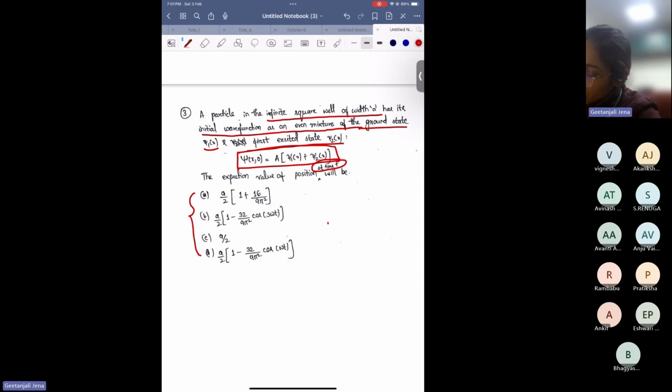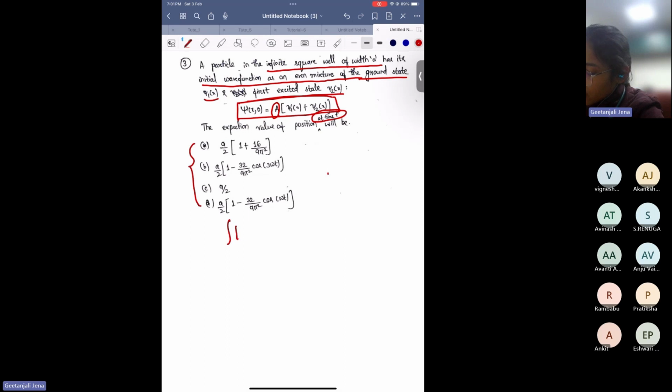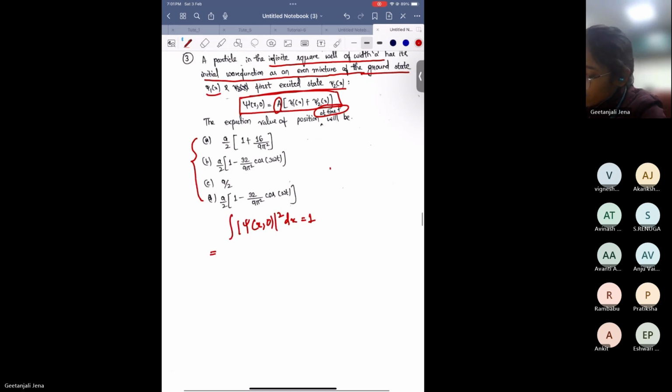So here we are saying that there is no capital A term here. That means we have to first normalize the wave function. So your first step will be to normalize it. Now everyone knows the normalization condition: the integral of psi star psi dx equals 1. So it can be written as the integral of psi star x0 psi x0 dx equal to 1.